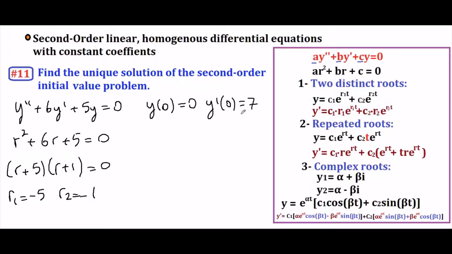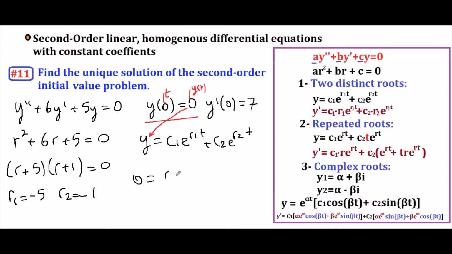We know that our general equation for two distinct roots is y equals c1 e to the r1t plus c2 e to the r2t. In this equation, we can plug in our first initial condition, y of 0 equals 0. This is our t value, and this is our y value here.